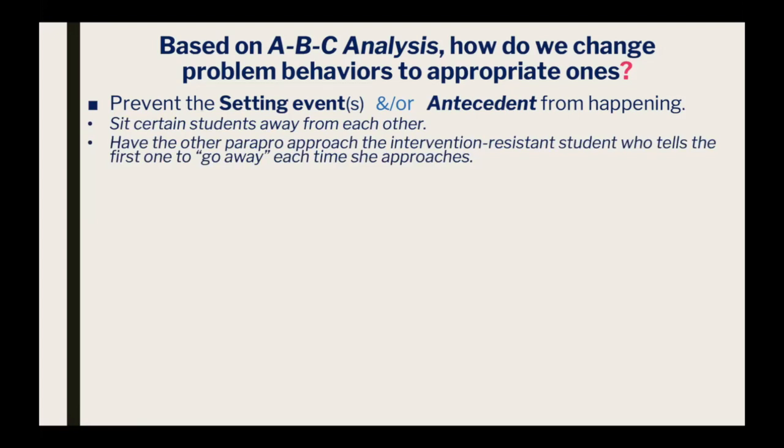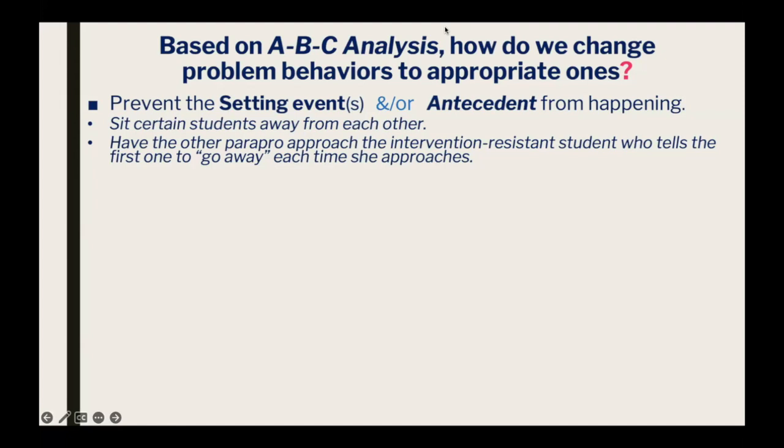It will go into your part two, where you will write about how you would intervene to prevent the behavior by either addressing those setting events or that final stimulus that tends to set it off, that antecedent. How do we keep that from happening? Because if the antecedent doesn't happen, we're hoping then that the behavior won't happen.